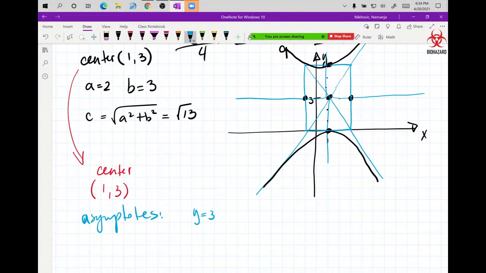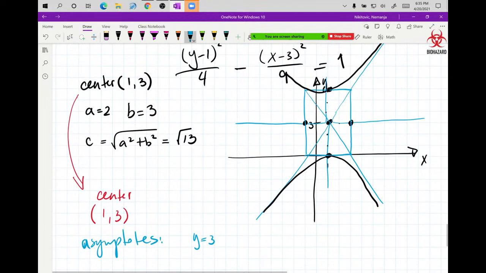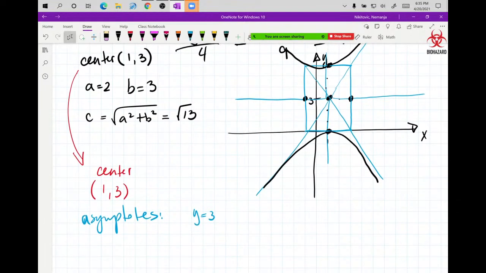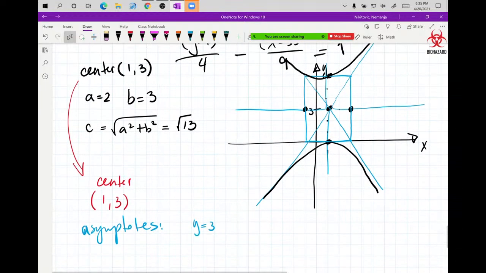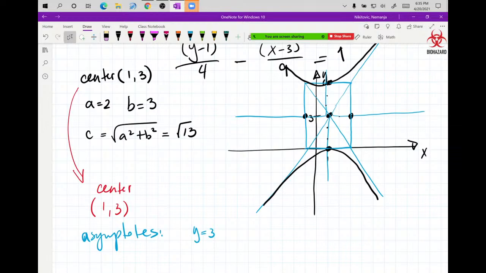And what else do we need? Nothing. We can just compute now. We don't know where the focal points are. We know they're on this middle line that contains the vertex and the center, right? So they're all on the same line.